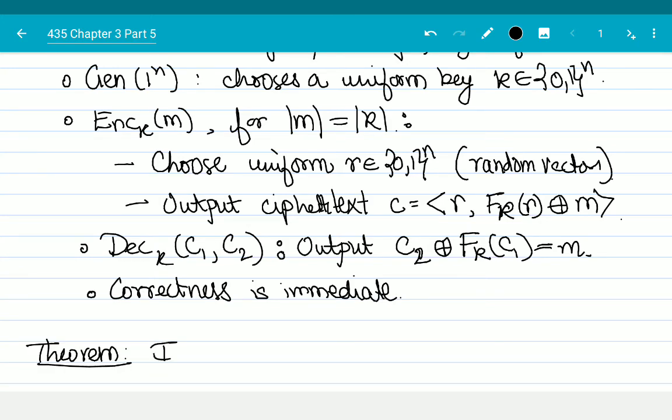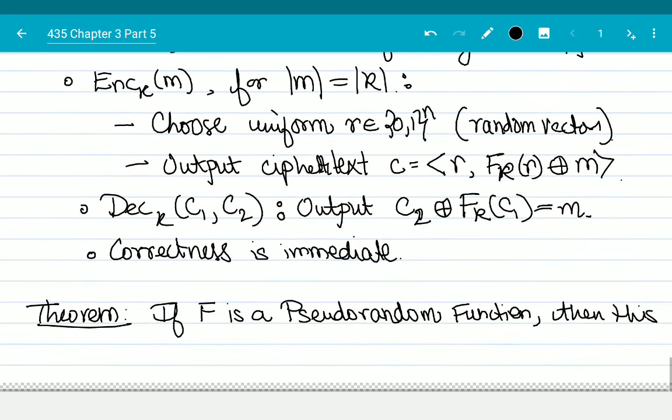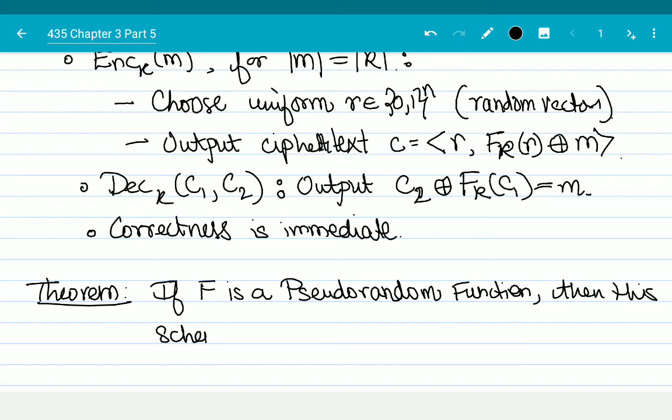If f is a pseudo-random function, then this scheme is CPA secure.